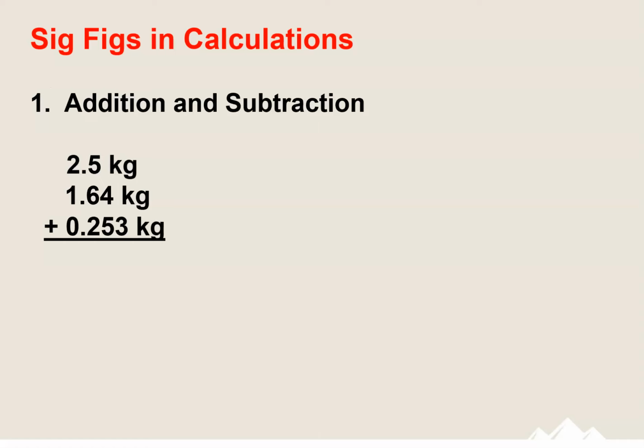So if I take those numbers and add them up with my calculator, 2.5 kilograms plus 1.64 plus 0.253, and of course the calculator can't handle the units. Maybe I'll pause and you can see if you get this number first. All right, if you look at your calculator screen, it says 4.393 kilograms.